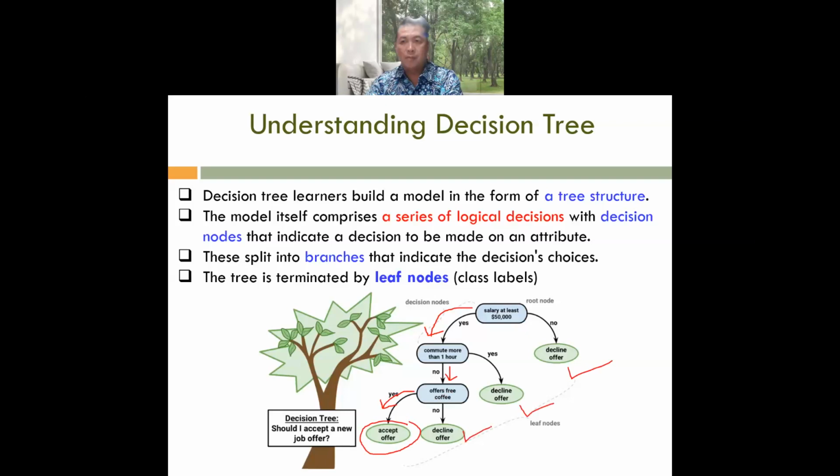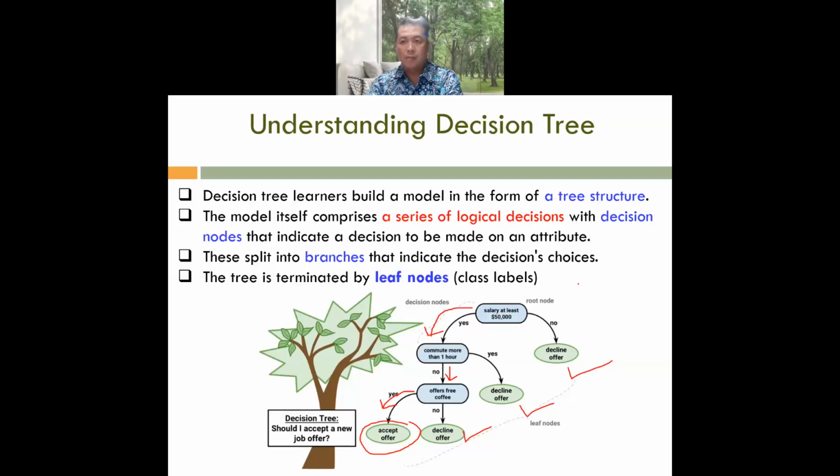So this is one example to show that in classification using decision tree, we divide the data according to the value of the attribute. But the issue that we want to address here is how do we pick the attribute and also the value of the attribute in our data set in order to split our data.